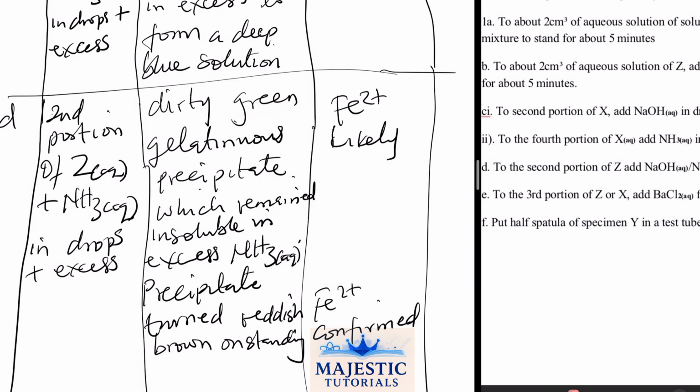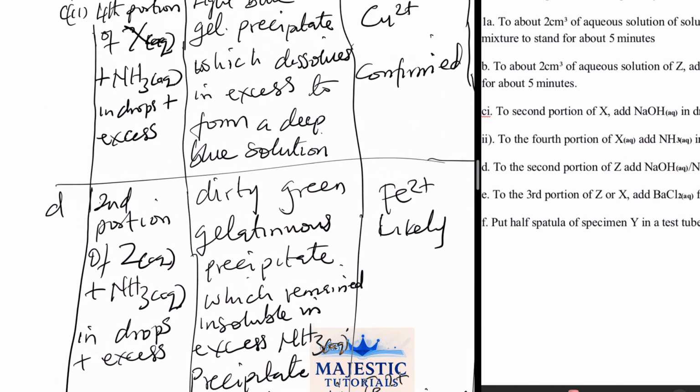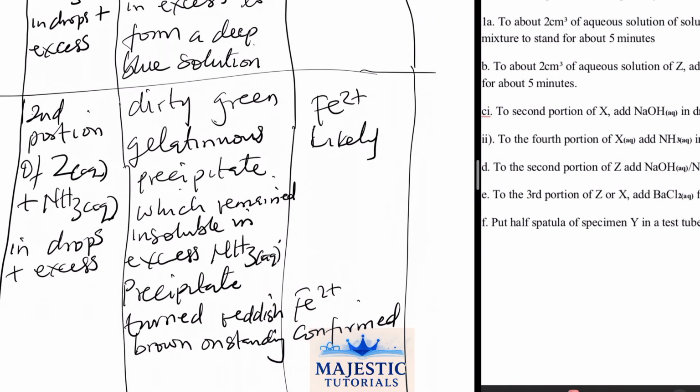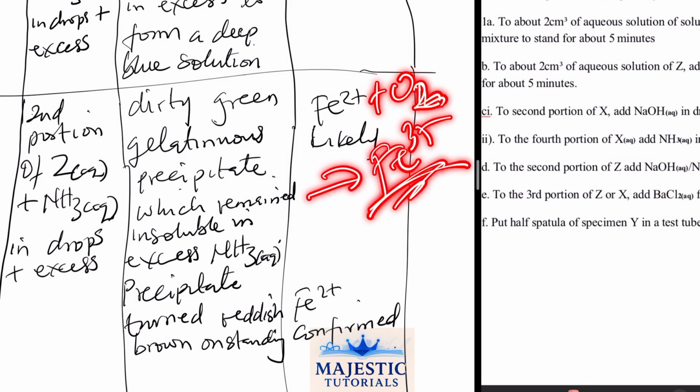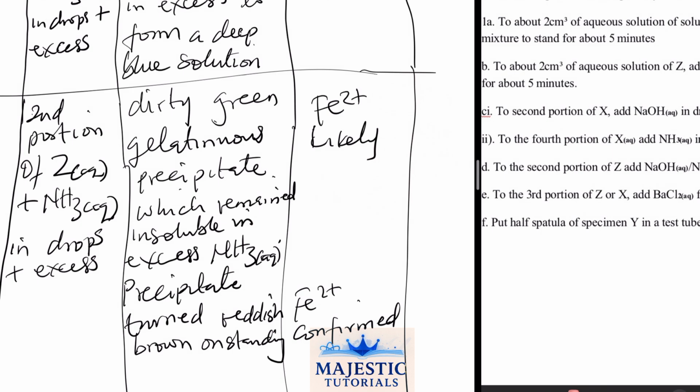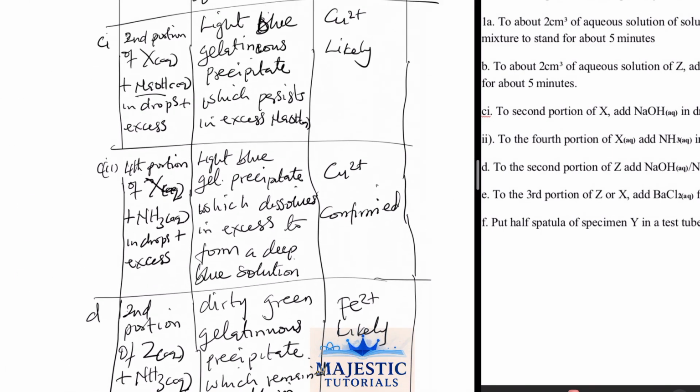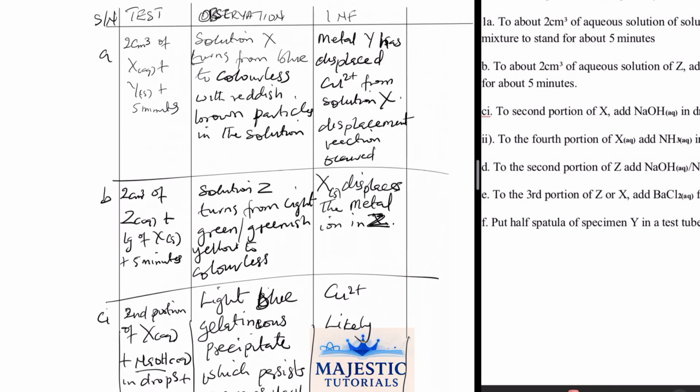Rust is brown due to the presence of iron 3 ion. When you expose iron 2 to the atmosphere, the oxygen will oxidize it to give you an iron 3 ion, which is reddish brown by color. So that's why we confirm iron 2, because that's the only thing that can possibly be oxidized to iron 3 on exposure.